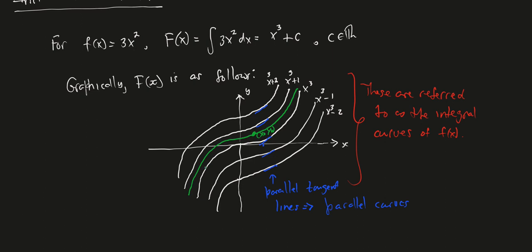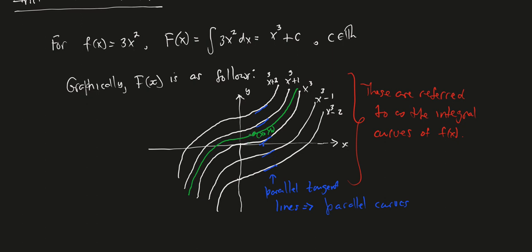Then I should be able to figure out, of all of these parallel curves, which one would pass through a specific point. But in order for me to identify a specific one, which I've drawn here in green, I would need to know more information than just little f. I would need to know a specific point that the green curve would pass through. And that should be sufficient information for me to find its equation.